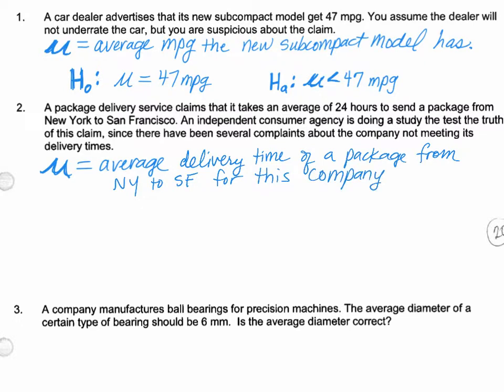Yeah, we're not just talking about delivering a package in general. We're seeing, is that particular company actually slower than they claim? All right. So write down what you think the null and alternative is. See if you can't do that right.